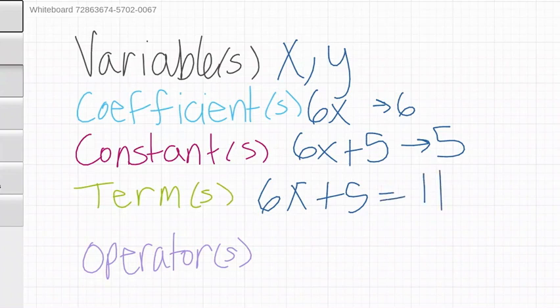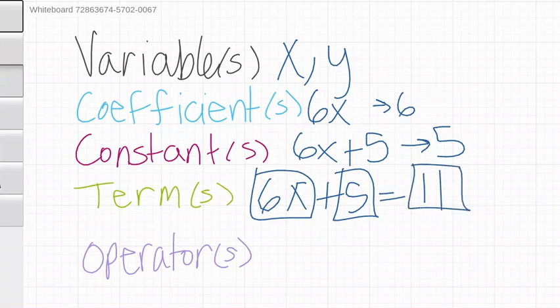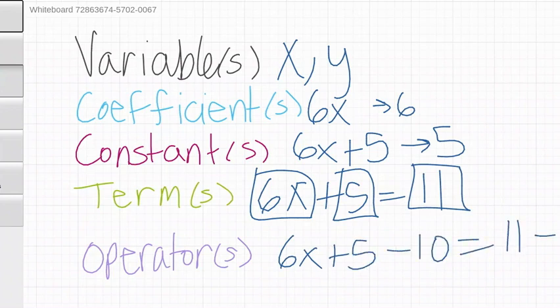Terms in the equation 6x plus 5 equals 11: 6x, 5, and 11 would be terms. And operators, if it was the equation 6x plus 5 minus 10 equals 11 minus 0. I know you can't see the 0, but the operators would be plus, minus, and minus.